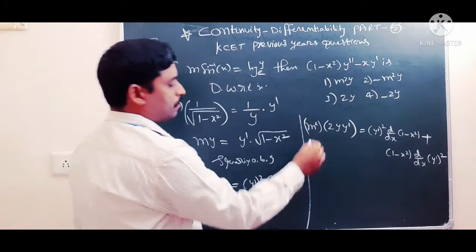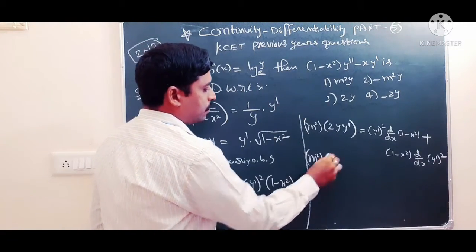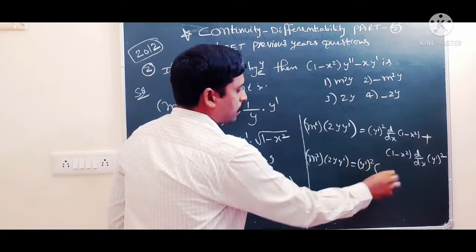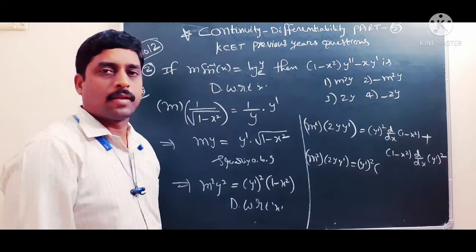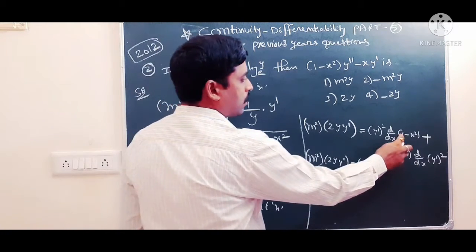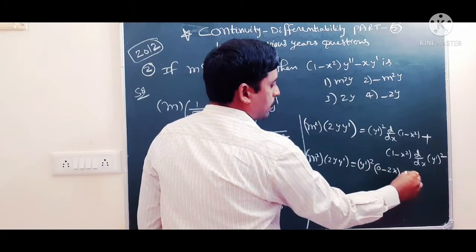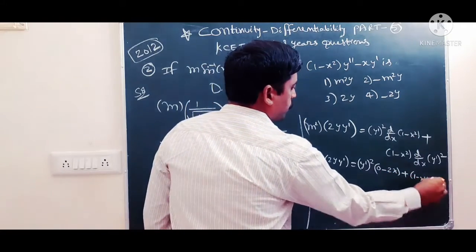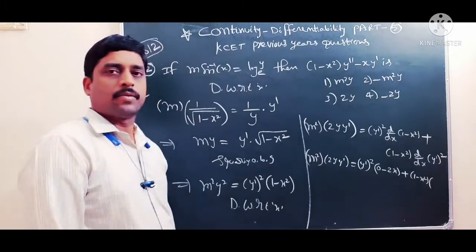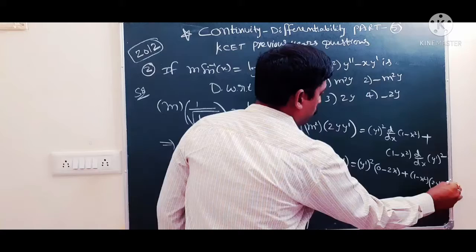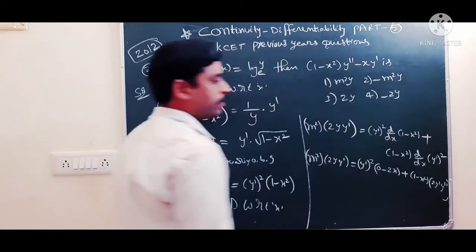Okay, so m square into 2y into y dash equals y dash whole square into derivative of 1 minus x square, derivative of 1 is 0 and x square derivative is 2x, plus 1 minus x square into derivative of y dash whole square, 2y dash, but derivative of y dash is y double dash.